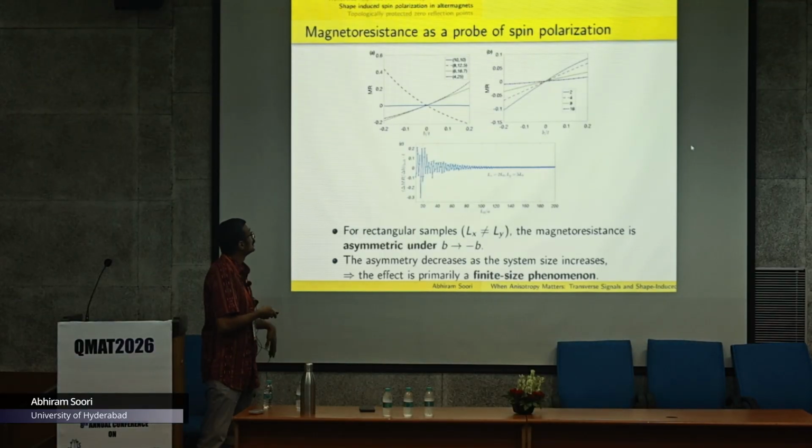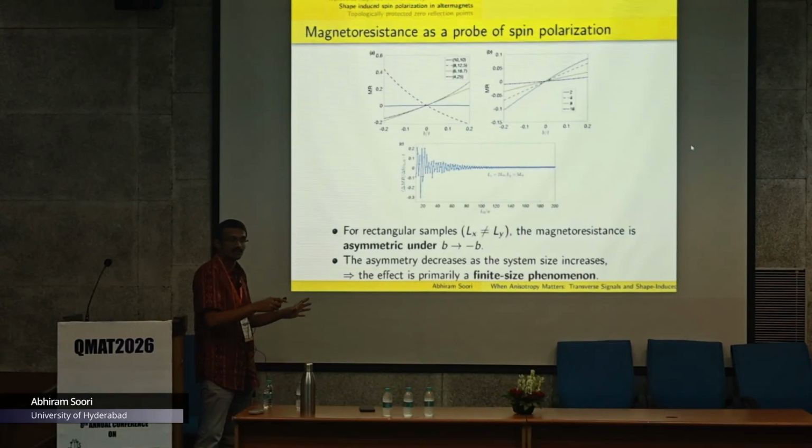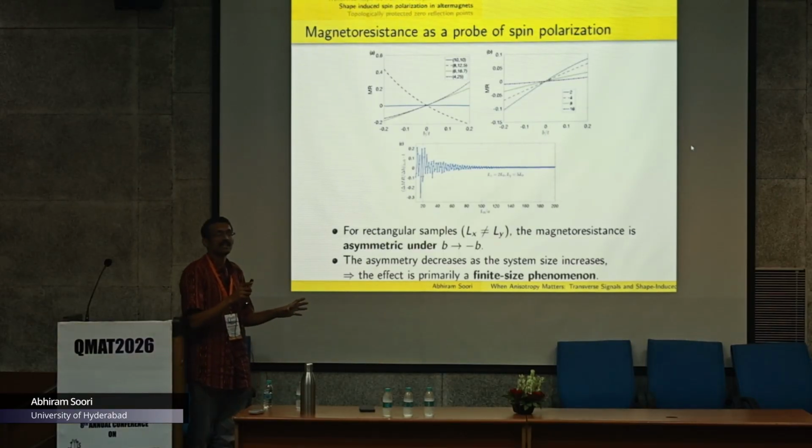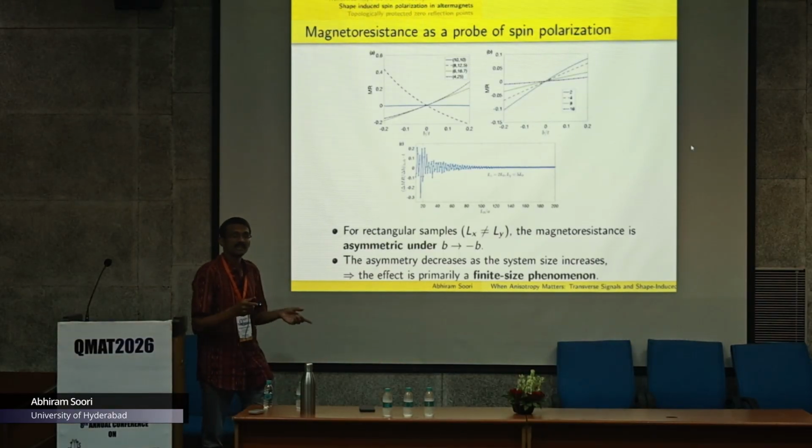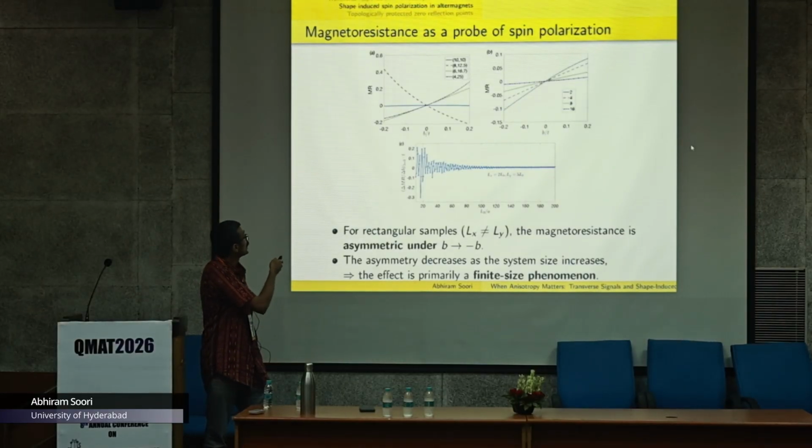The area of the sample is the same for all these curves, but I am making it more and more rectangular, varying Lx and Ly so that Lx is not equal to Ly, but the product is the same. Then the slope of this curve, MR versus B at B equal to 0, develops a non-zero value.